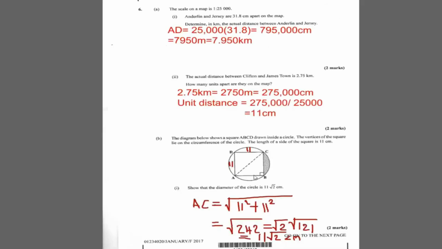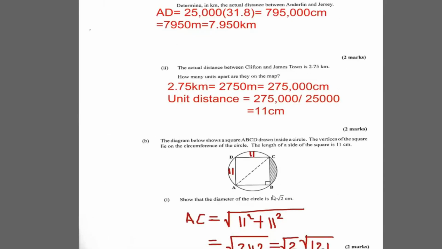Now it says, working with 2 decimal places, find the area of the circle. So to find the area of the circle, area of a circle is pi r squared. Now if the diameter is 11 root 2, then the radius is 5.5 root 2. So area is pi r squared, and pi in this case, I think pi is 22 over 7.